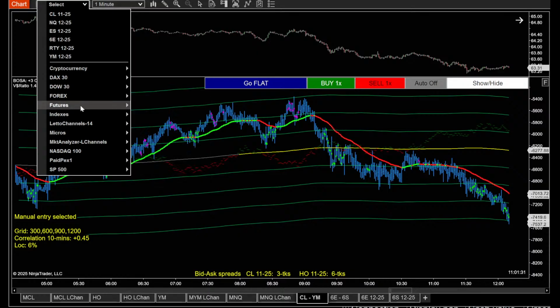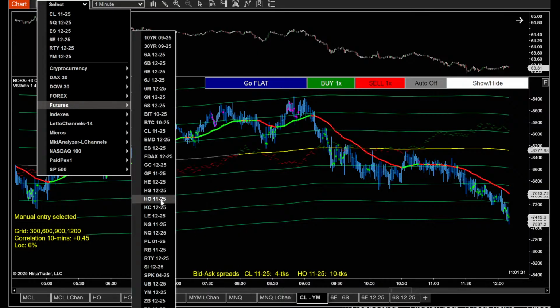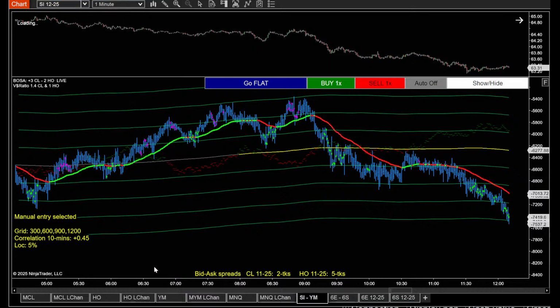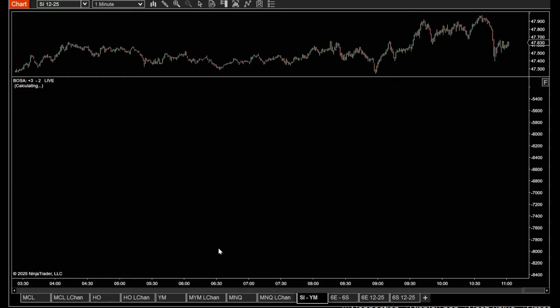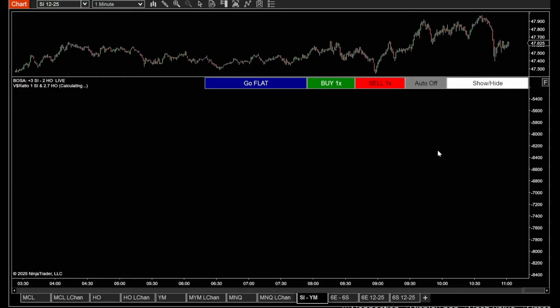Let's take a look at copper against silver, which is interesting. Let's do silver on the long side, and I'm going to take a look at doing gold on the short side.